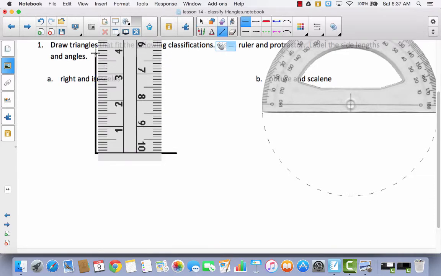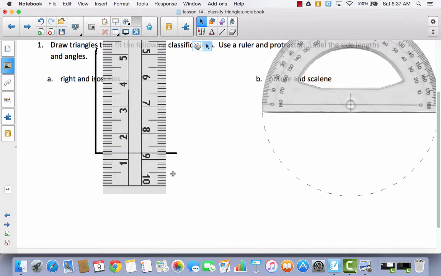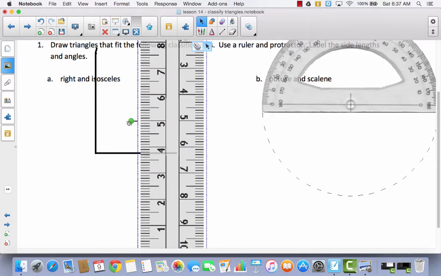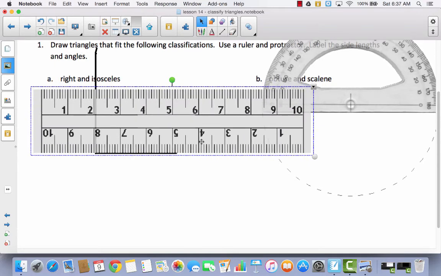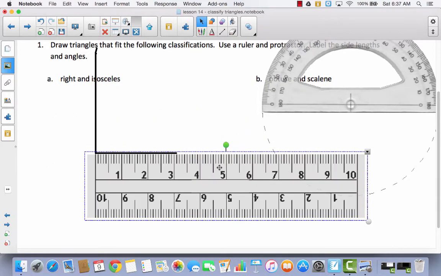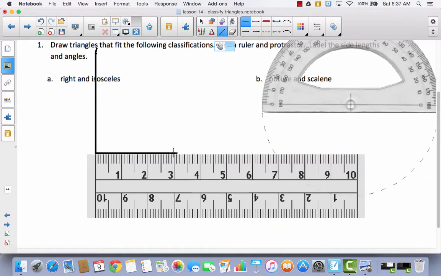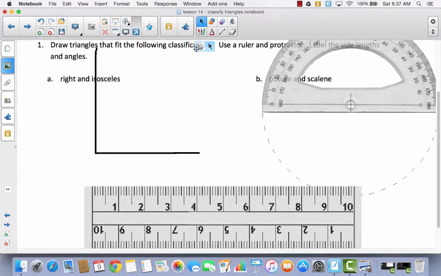So let's just make this one a little bit longer so that it's 4 centimeters. That's not a very nice straight line, is it? All right, so then let's take this one, we'll make this one 4 centimeters. So we're going to extend this one. That looks better. All right, so now I've got 4 centimeters, 4 centimeters.